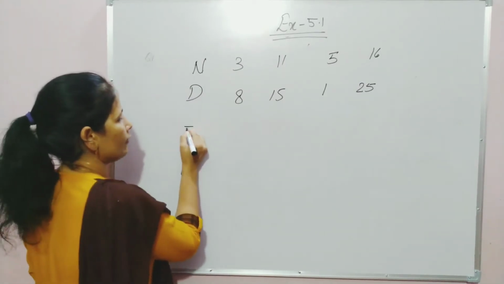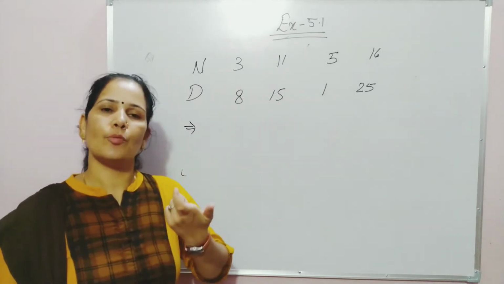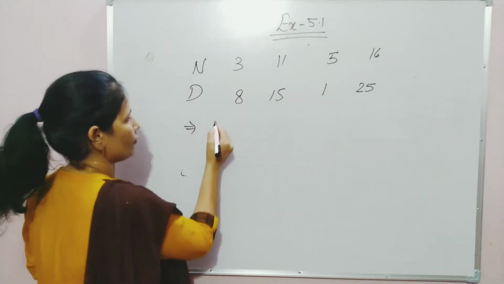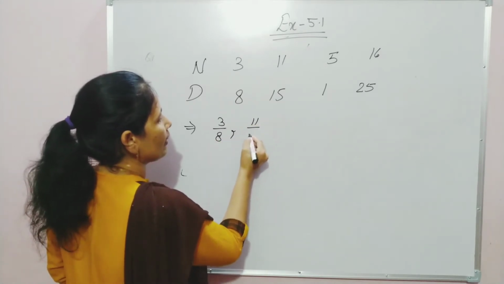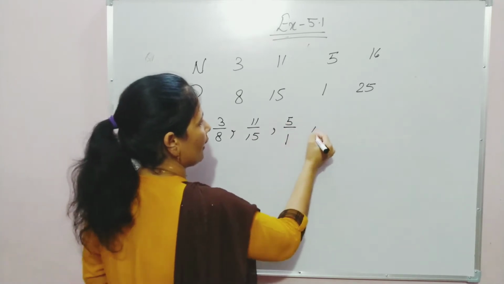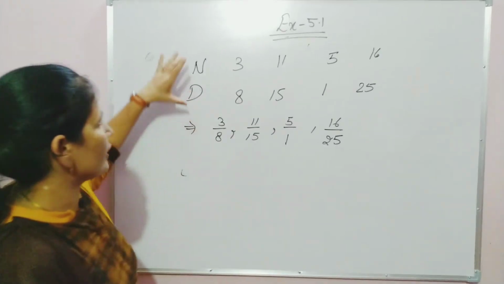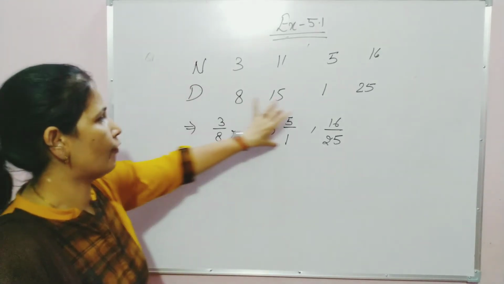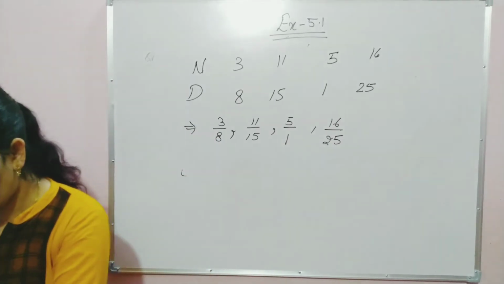We know very well that when we write a fraction, the numerator is above the line and the denominator is below the line. So the first fraction is 3/8, second 11/15, third 5/1, and fourth is 16/25. Now the given numerators and denominators we have formed into fractions. So this is our question number 4.